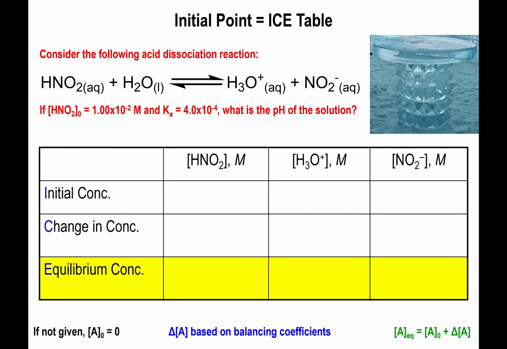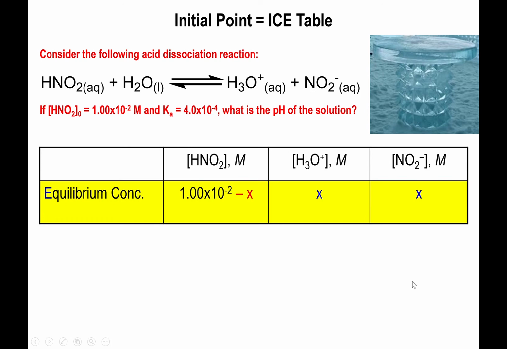The initial concentration of HNO2 is 1 times 10 to the negative 2. The initial concentrations of hydronium and nitrite are 0 because we haven't been told anything in regards to their concentrations. The change in concentration for this reaction, which is 1 to 1, is minus x, plus x, plus x, meaning that the equilibrium concentrations are 10 to the negative 2 minus x, x, and x.